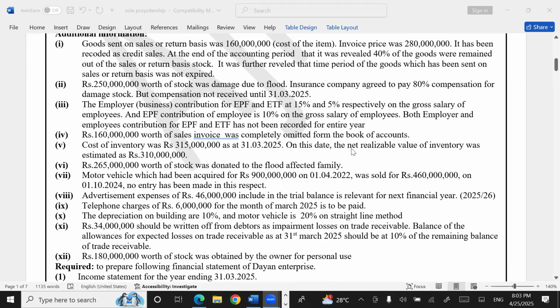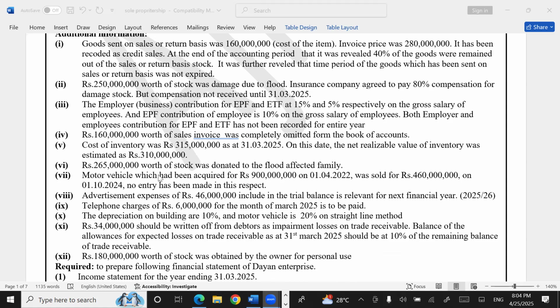First one, goods sent on sale or return basis. Second, damaged stock adjustment. Third, EPF and ETF adjustment. Fourth, sales invoice completely omitted, which is part of error correction. Fifth, closing stock adjustment. Sixth, stock donation.